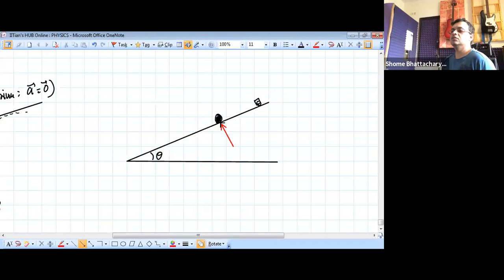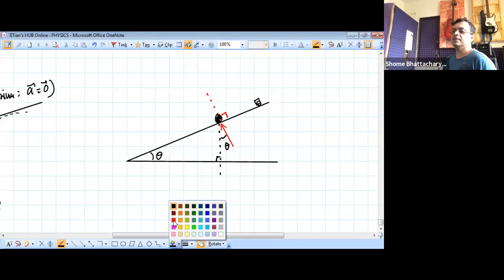So that is along this kind of line, where this is 90 degrees. If you want to understand how that is oriented with respect to the horizontal or vertical, you just drop a perpendicular from this point. So this forms 90 degrees here, and this angle will become theta. So in other words, this normal reaction that is acting at the inclined surface will always act at theta to the vertical. So remember this as a rule of thumb.